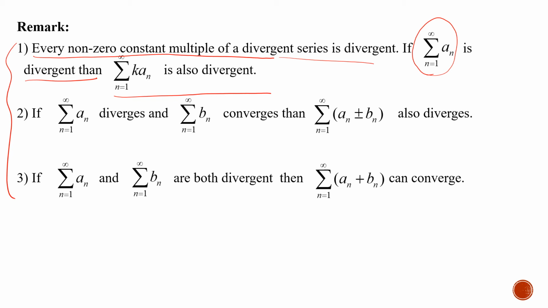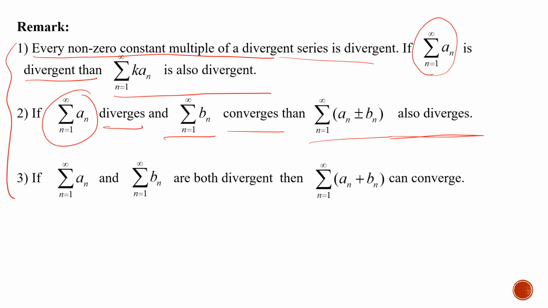Now, the second remark is if a series diverges and another series converges, then if you add or subtract both the series, it will always diverge. That is, if one of the series is divergent and you add or subtract, then it is also divergent.